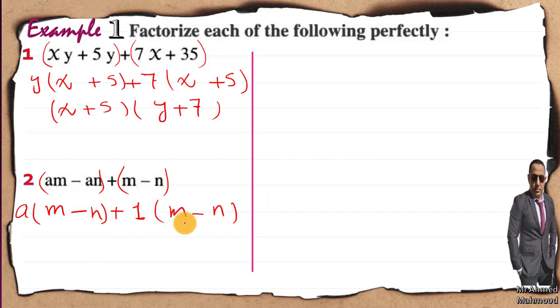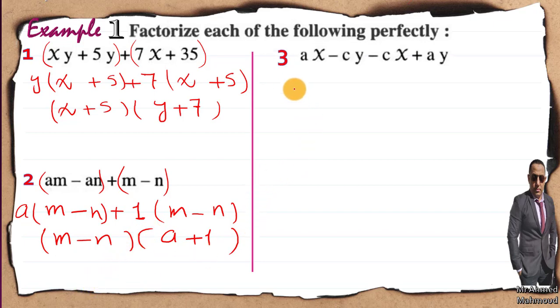Now by looking at the two brackets, m minus n and m minus n, they are the same, so I'm going to take out m minus n as a common factor. And here I have a and here I have plus 1, so I'm going to write a plus 1.